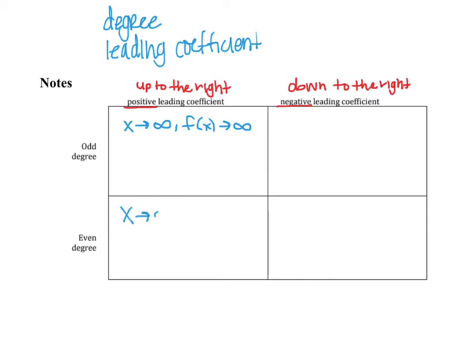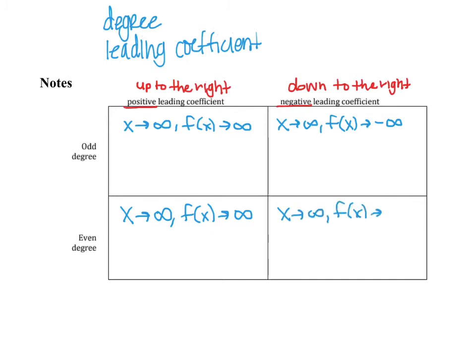Same thing down here. Negative leading coefficient: as x approaches positive infinity, f of x approaches negative infinity. And then it's the same thing down here. The degree once again tells me the left side of the graph.